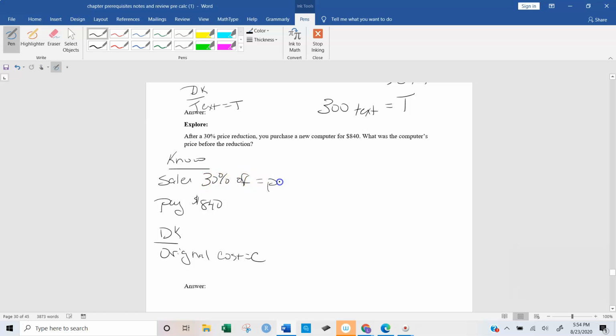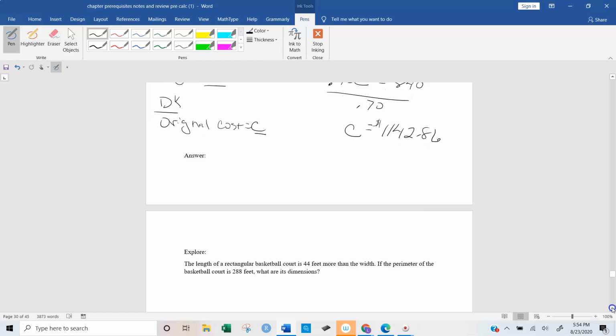That means I am paying 70% of that original cost. So if I take 70% of C, that's going to equal my sale cost. Well, that's nice. All I have to do is divide by 0.7. So the cost in my computer is, type in your calculator, $1,142.86 is the original cost. Did you do okay with that one? It's kind of a little tricky unless you think about the 70%.